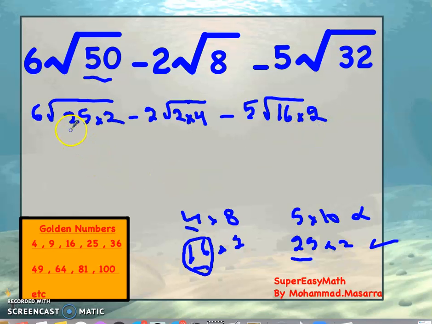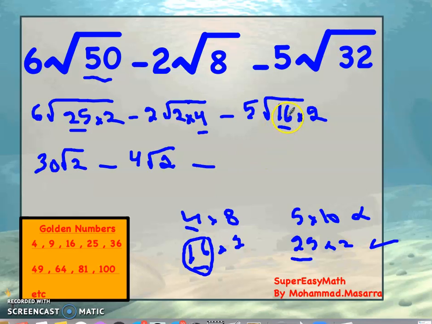So we will get now these golden numbers outside the square root. So 25, if we get it out, it will become 5. Multiplied by 6, we will get 30. Minus, so this 4, if we get it outside, it will become 2. Multiplied by 2, it's 4.